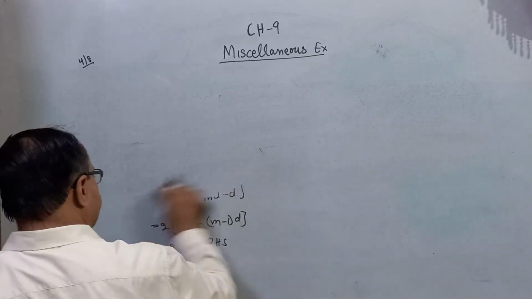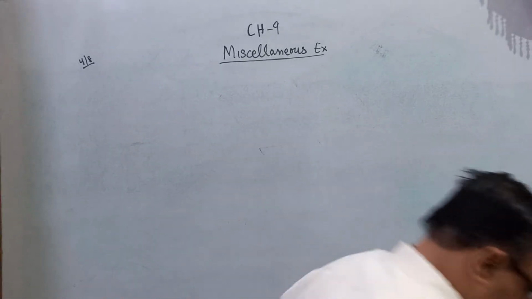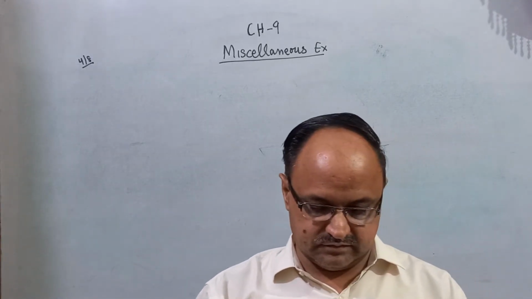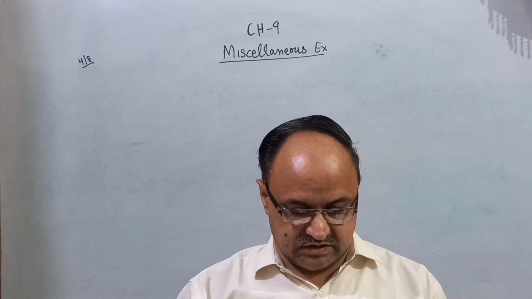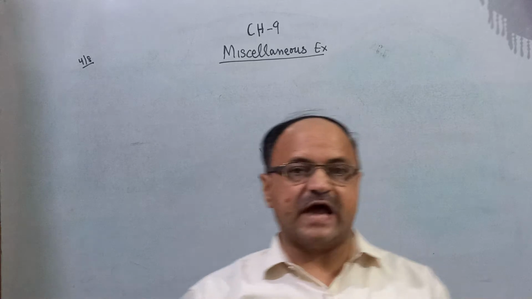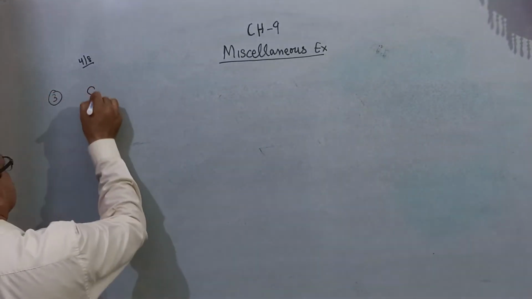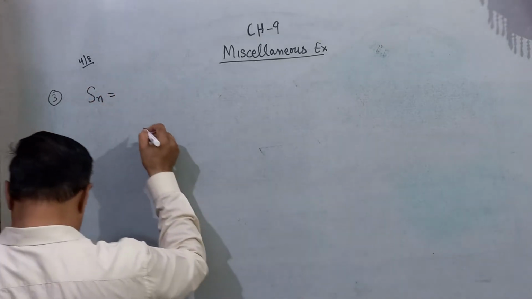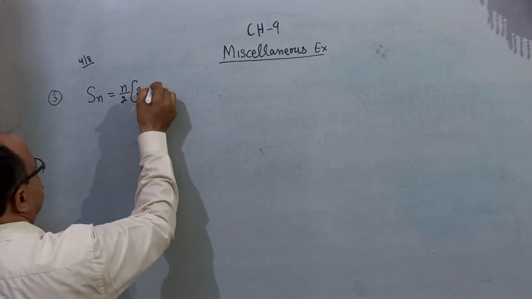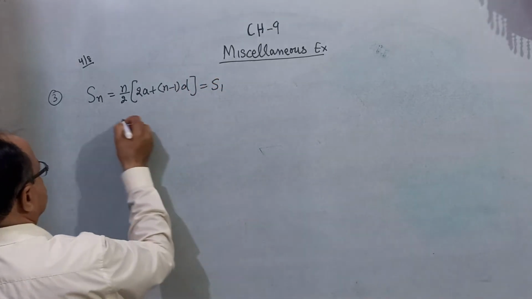Now we start the next question of this exercise, the third question. Let the sum of n terms, you know that very well, be n by 2, 2a plus (n-1) into d, denoted by S1.